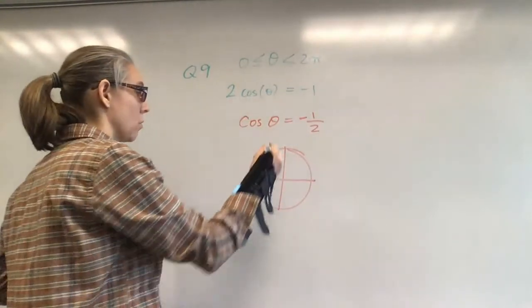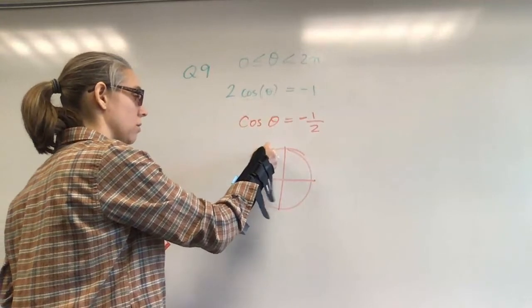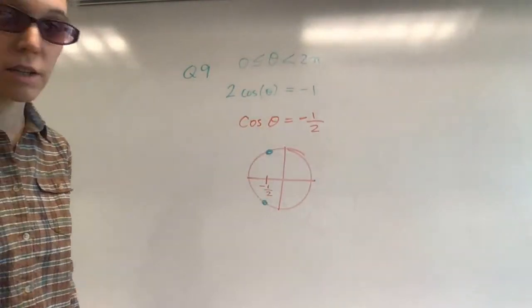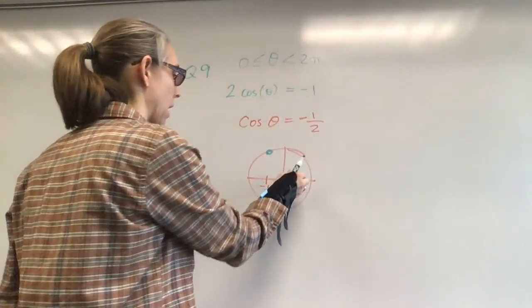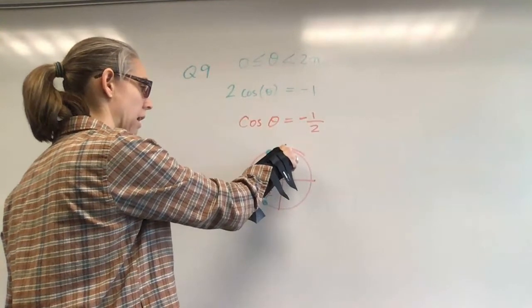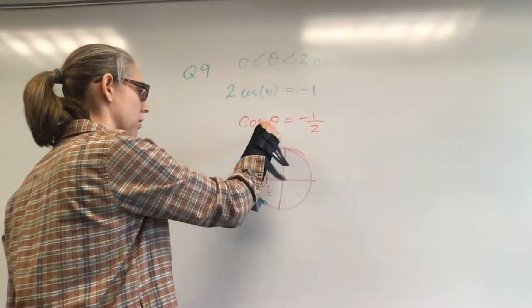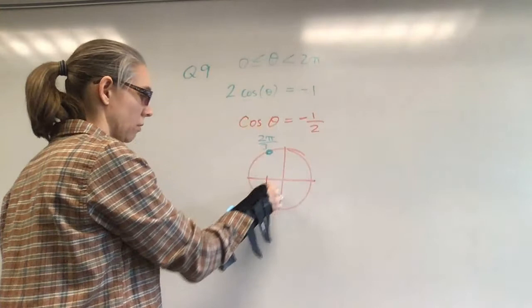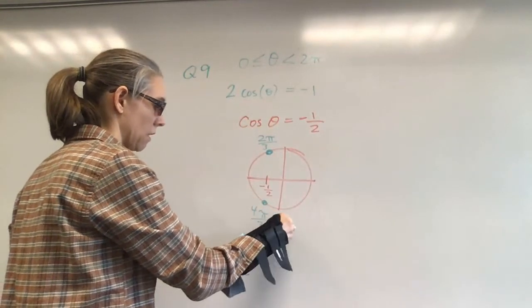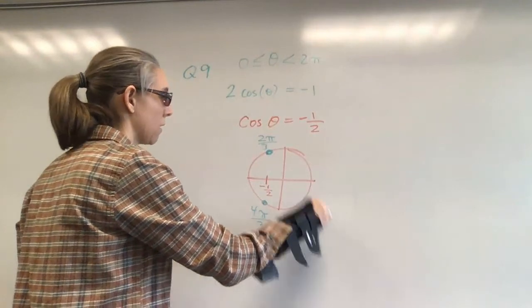And then we've got 2 points here on the unit circle where cosine would be negative 1/2. And this would be pi over 6 plus pi halves, which would be 2 pi thirds. And then this one down here is 4 pi thirds.